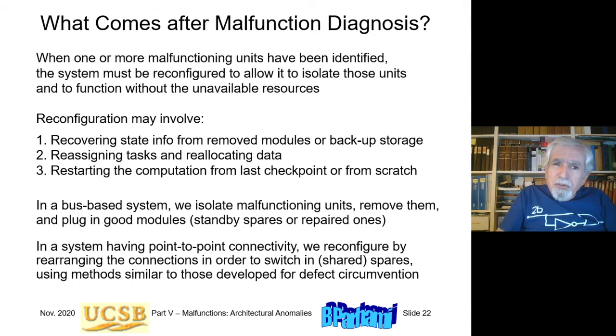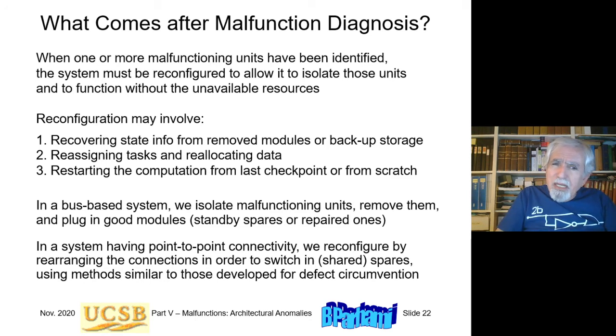You have to recover state information from removed modules. For example, if those modules have memories, you have to preserve the memory contents, either from a backup copy or from the modules themselves, if the memory has not been affected by the malfunction.